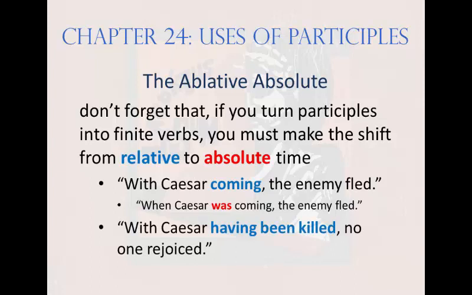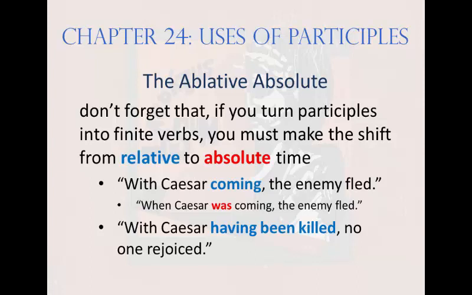And how about "with Caesar having been killed, no one rejoiced"? A giant lie, but let's go with it. Change the A squared into a clause starting with "after." After Caesar is killed? Was killed? When is the killing happening relative to the rejoicing or lack thereof? Before it, of course.